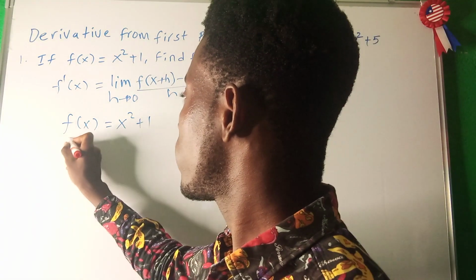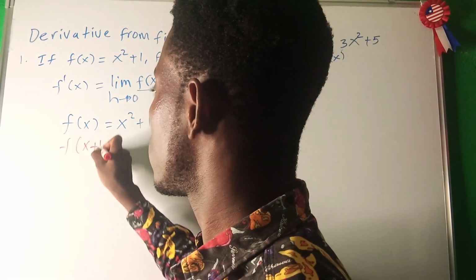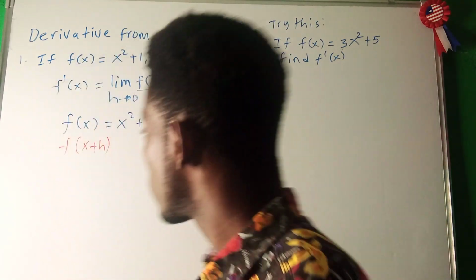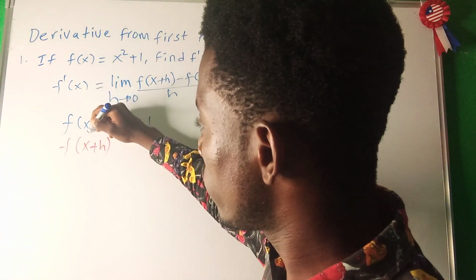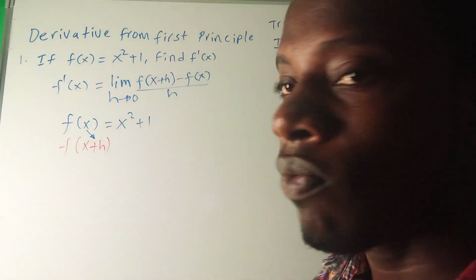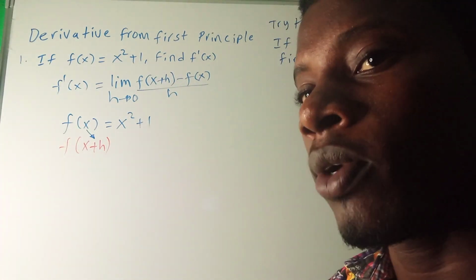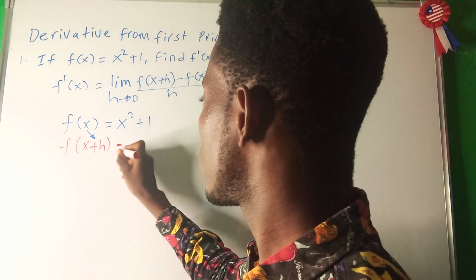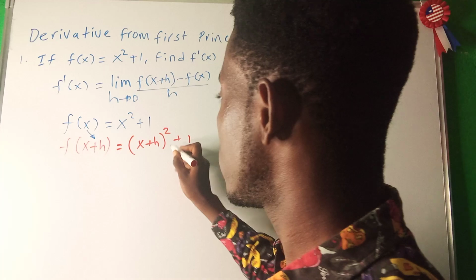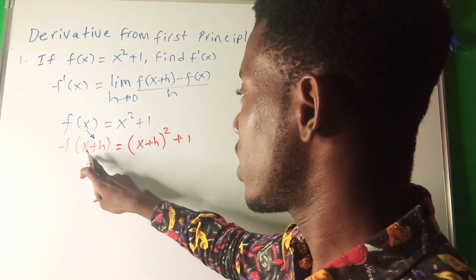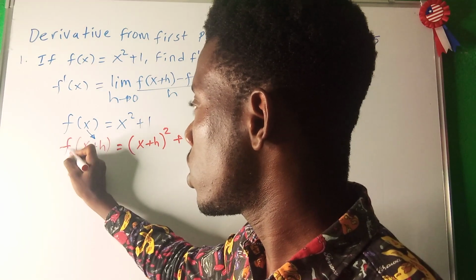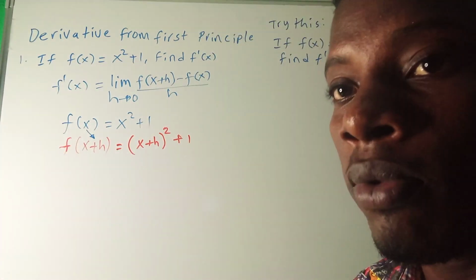Simply put, we are going to replace x with x plus h on the right hand side of the equation. This gives us x plus h all squared plus 1, because it is x squared, and x has been replaced with x plus h. So f of x plus h is x plus h all squared plus 1.